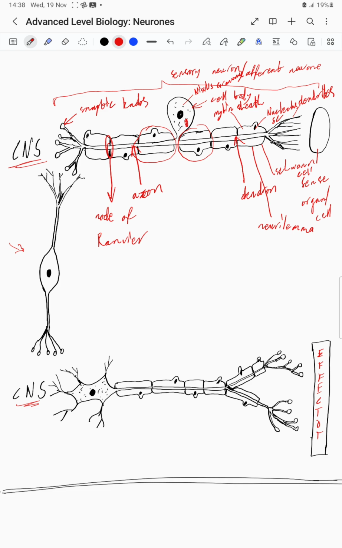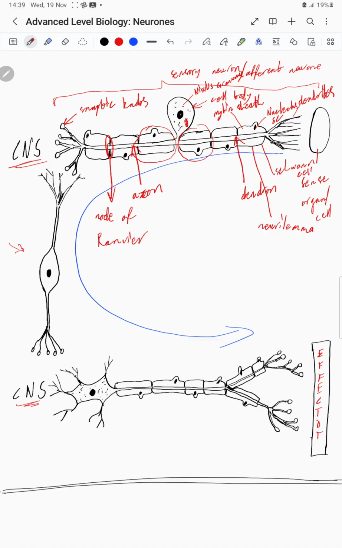Going on further in the central nervous system, as you can see, our connection goes from the sensory neuron to the effectors.